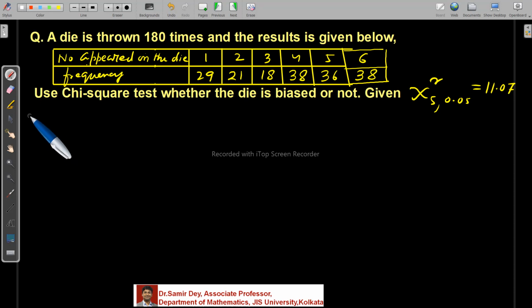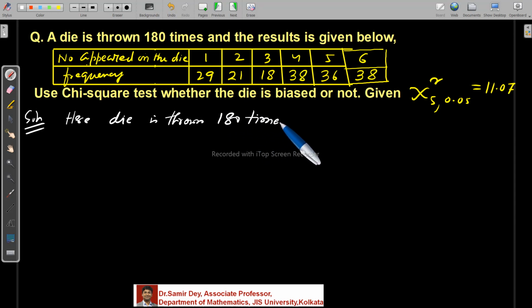Now come to the solution. It's very easy. So first you have to write down: the die is thrown 180 times. Is it okay? Now EI. What is EI? That is your expected frequencies, that is 180 by n.